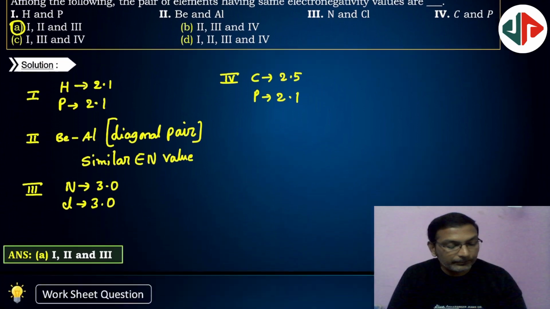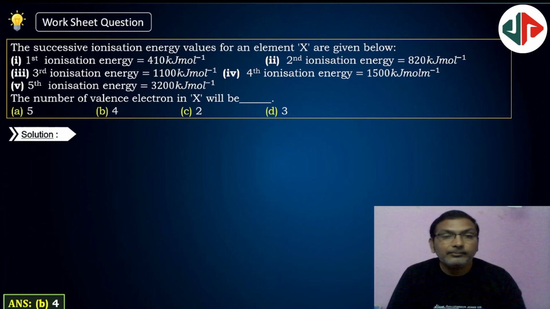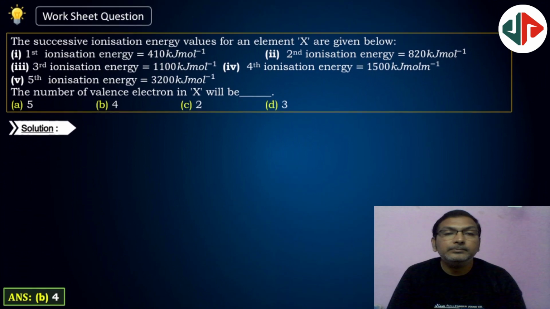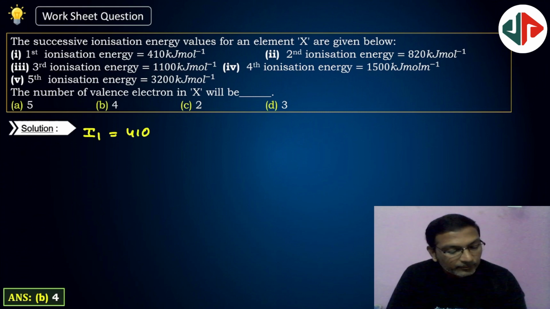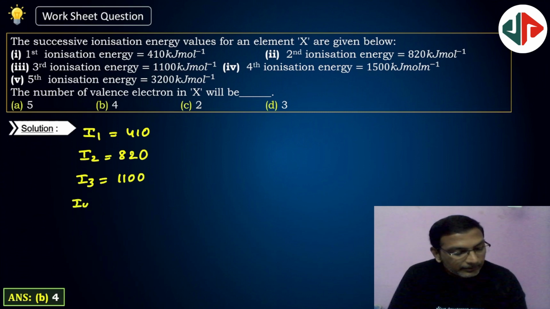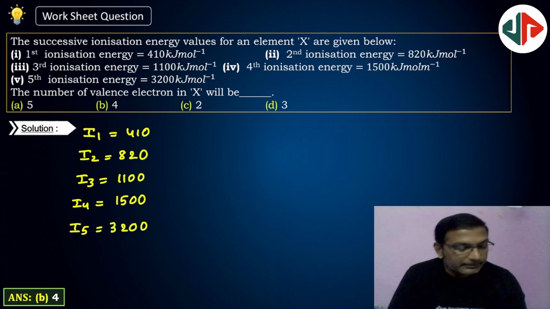Next one. The successive ionization energy values are given. First ionization, simply I1 410, I2 value 820, I3 value 1100, I4 value 1500 and I5 value 3200.